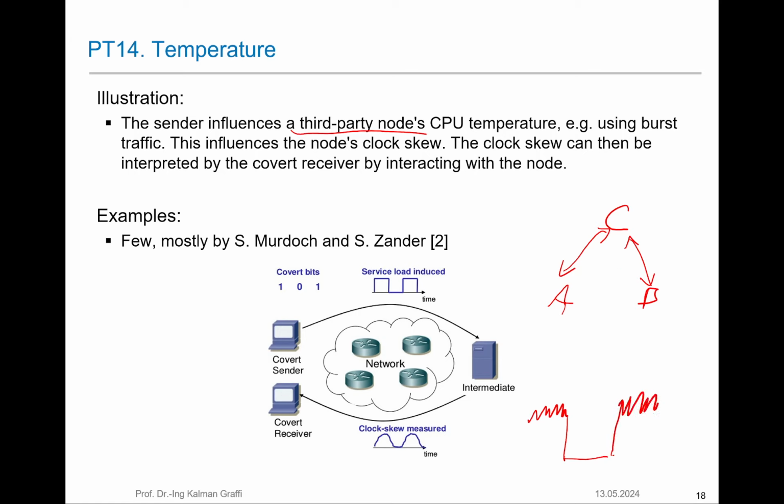And B is constantly interacting with C and notices whether C is under pressure, for example based on some clock skew, meaning the clock is diverging under higher load than normally, or there are other observations that lead to the conclusion that C is currently under pressure. Probably if B sends a message, how long the reply from C takes. If C is more under pressure, then the reply might take longer. A just interacts with C and puts C under pressure, and B can notice it. The state of C's pressure is basically the signal that is interpreted.